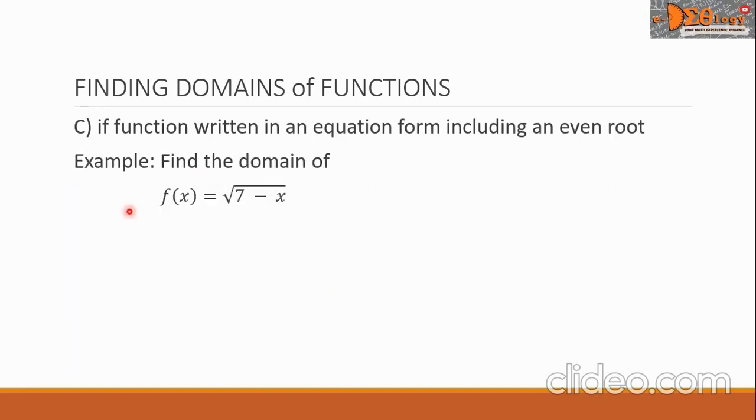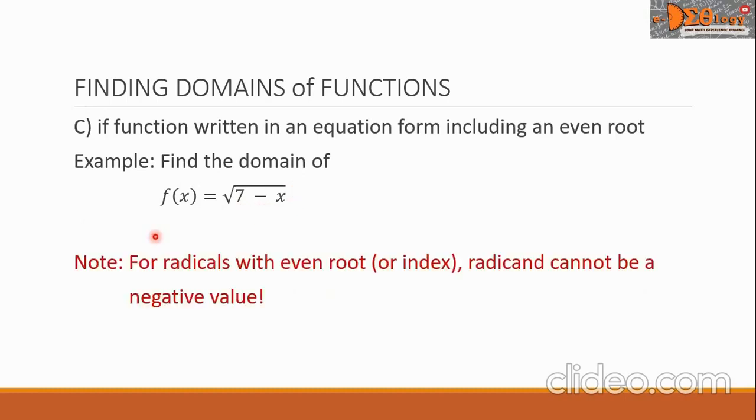Let's have an example. Find the domain of f of x equals the square root of the quantity 7 minus x. Please note that for radicals with an even root or index, the radicand cannot be a negative value. Radicand means those terms inside the radical symbol. And in our problem, the index is 2.